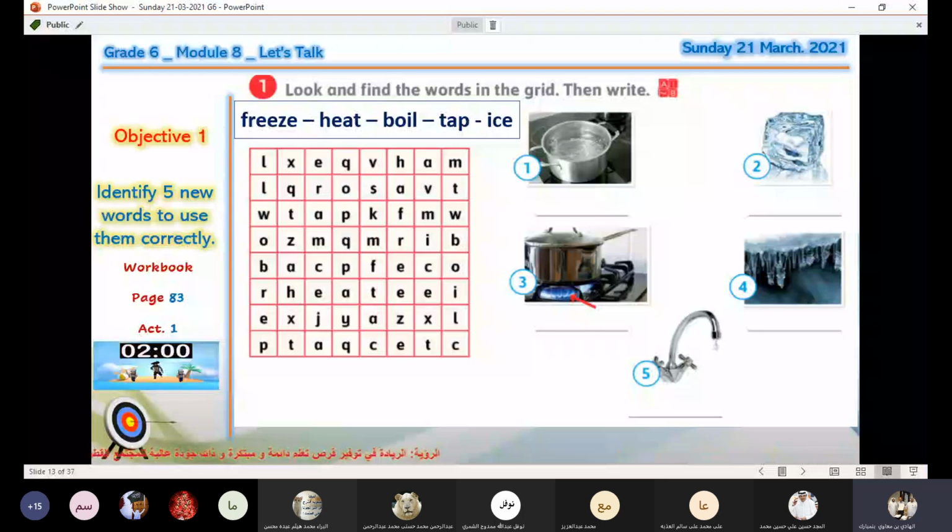These are the words, and I want you to look and find the words in the grid. Please in the chat box write what is number 1, number 2, number 3, number 4, and number 5. I want you to write the words in order from 1 to 5. Okay, my dear friends?